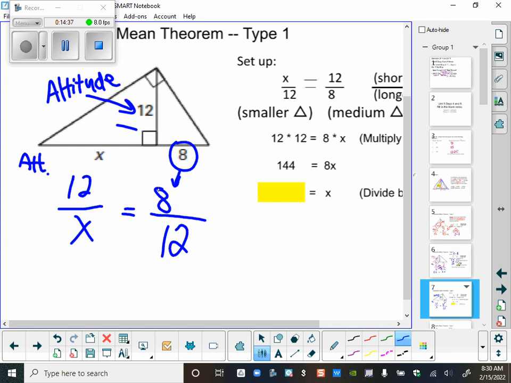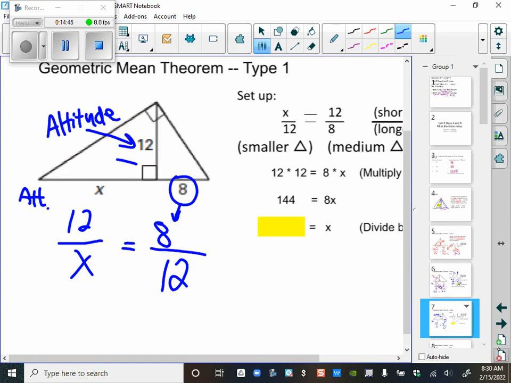Again, this is actually the same as this. So again, when you do your cross multiplication, you do your 12 times 12, 8 times x. Well, 8 times x is still 8 times x, we agree? And then 12 times 12, we still agree is how much?